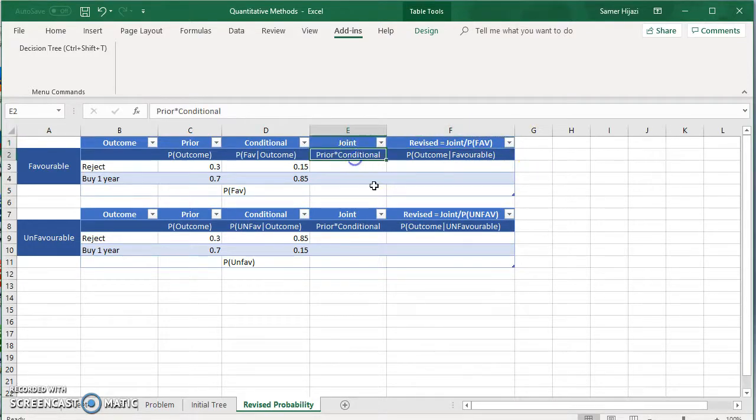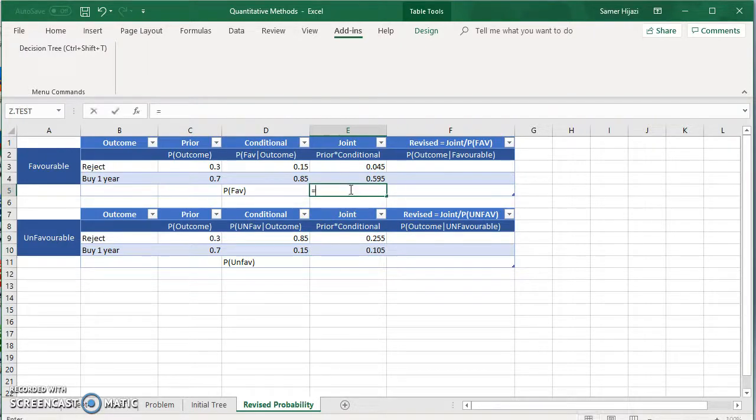The joint probability, as it says over here, is the prior times conditional. So we're going to take the prior times conditional to get this value, and we're going to repeat that over here. Same for the unfavorable report. It's going to be prior times conditional, and we're going to drag it.